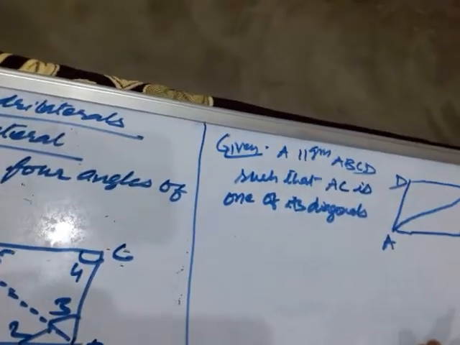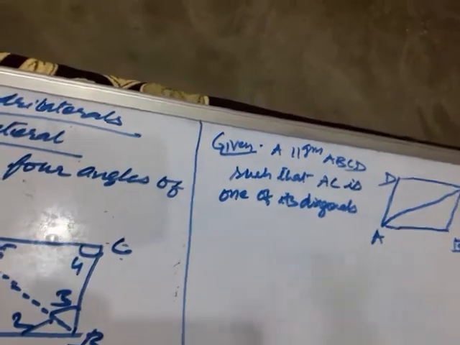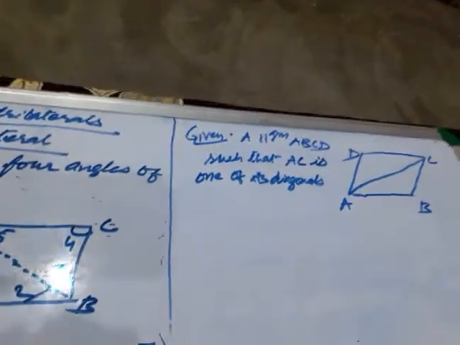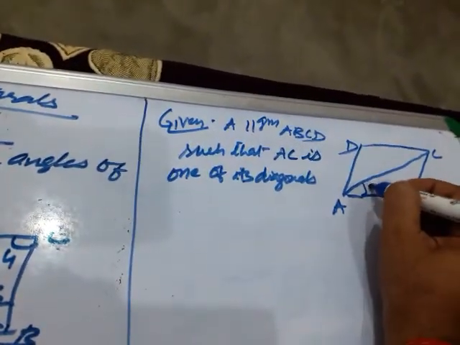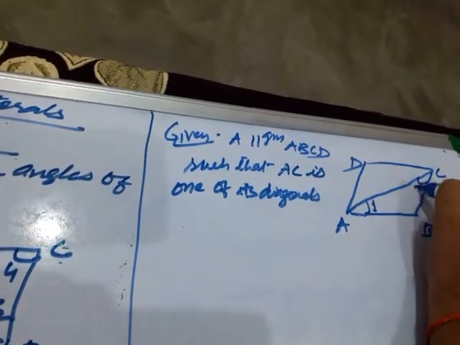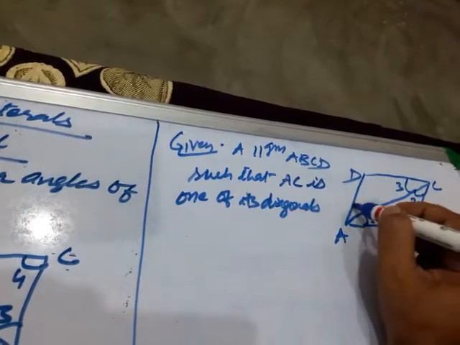Okay, children, now give the name to the angles. Let it be angle 1, this is angle 2, this is angle 3, and this is angle 4, like that.